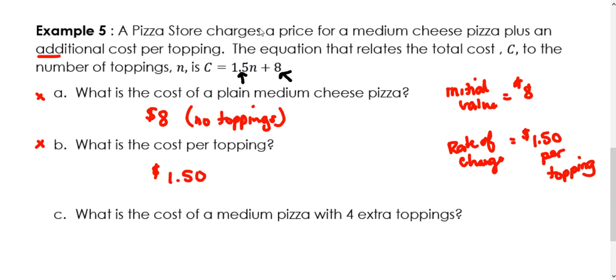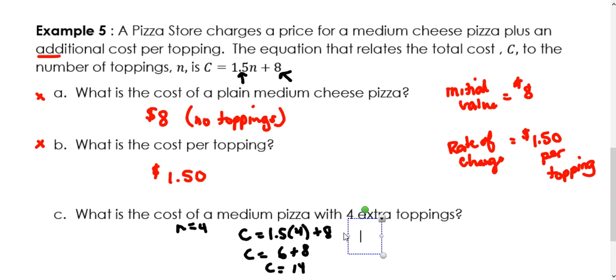All right, so if I was looking at cost for 4 extra toppings, I know that n is 4. So if I look at this, I can sub in n equals 4 into that. So 4 times 1.5, that's 6. Then that's going to cost me $14.